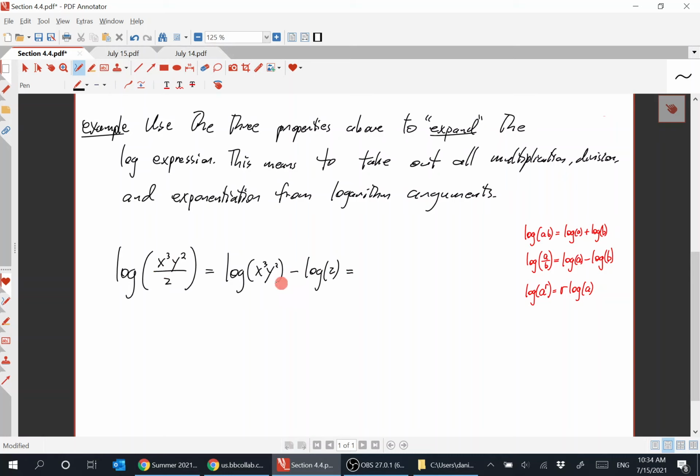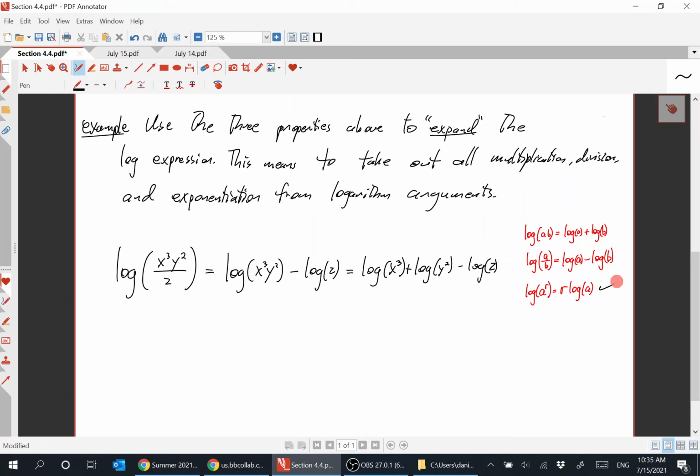Going further, log of a product, log of A times B, is log of A plus log of B. So I'll use that here. So this is log of x to the third plus log of y squared minus log of z.